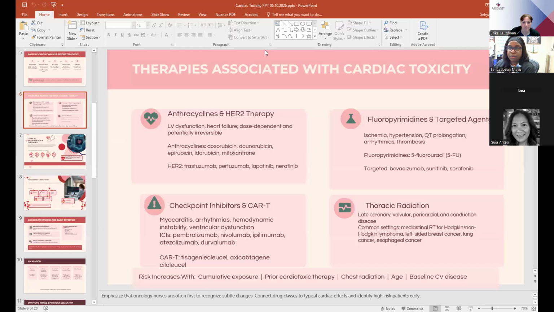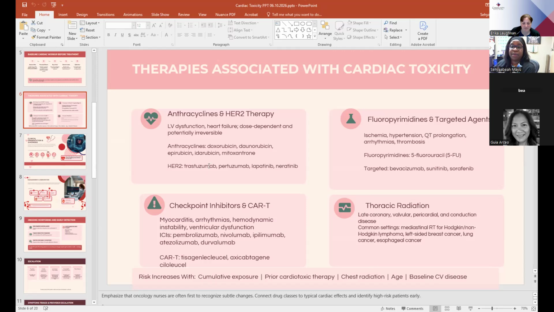So then I wanted to emphasize some of the therapies that are associated with cardiac toxicity. So I struggle with this word, anthracyclines and HER2 therapies. They are known to cause LV dysfunction, heart failure, and some of these anthracyclines, doxorubicin, and the HER2, trastuzumab.